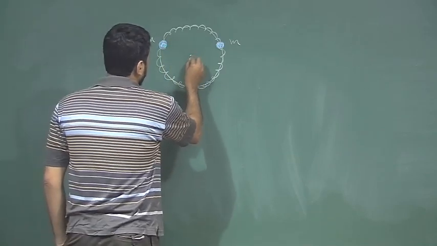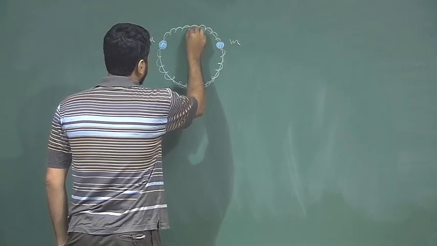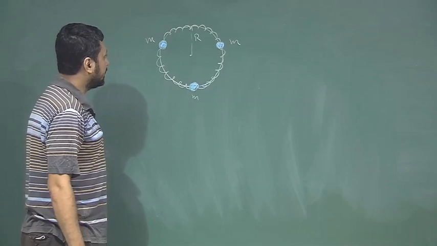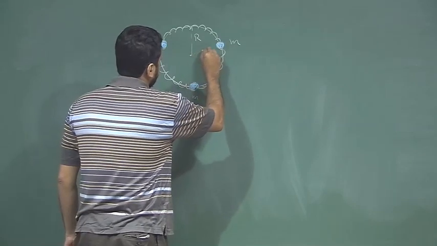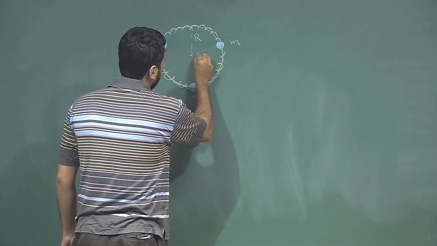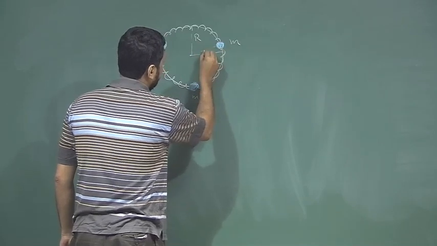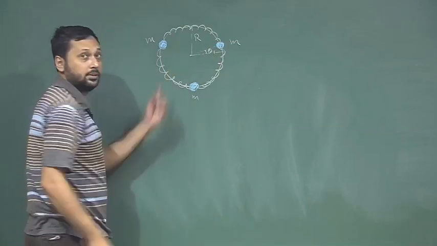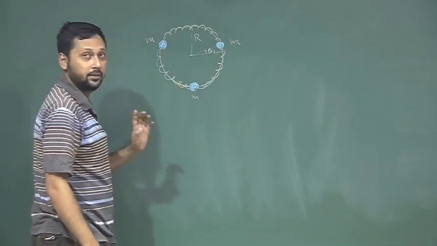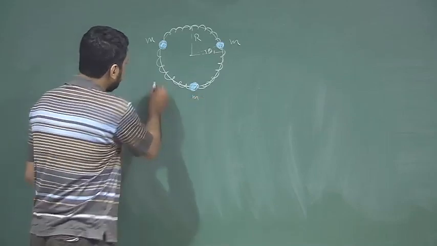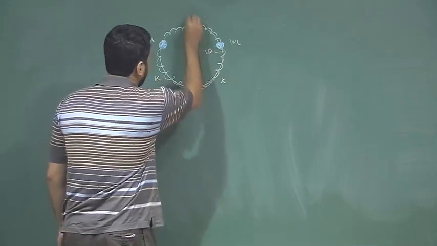Let us say the radius of this is capital R. If this is the case, and the deviation from the equilibrium position, which was supposedly somewhere here, is theta 1, similarly for this one it will be theta 2, the third one will be theta 3, and the spring constants are k, k and k.